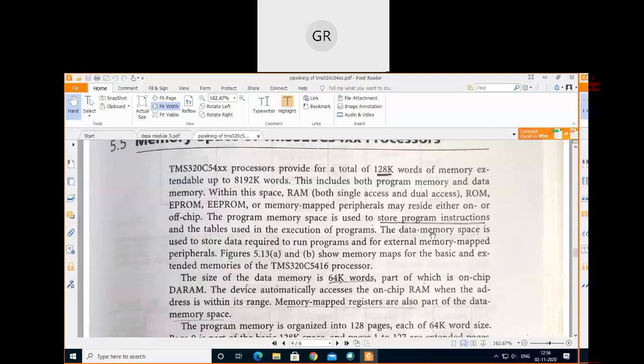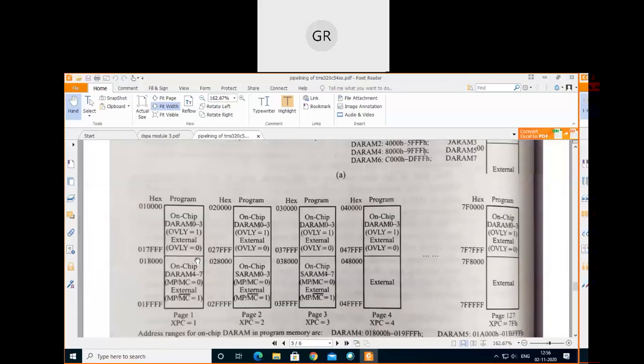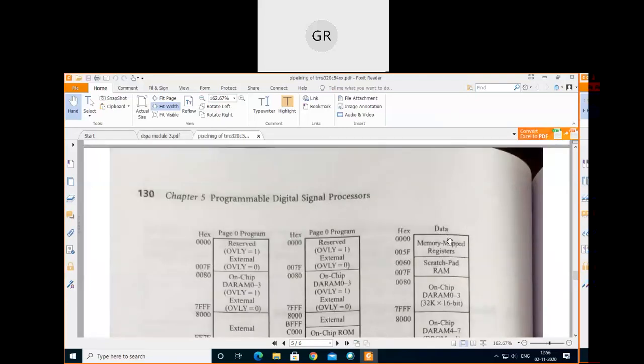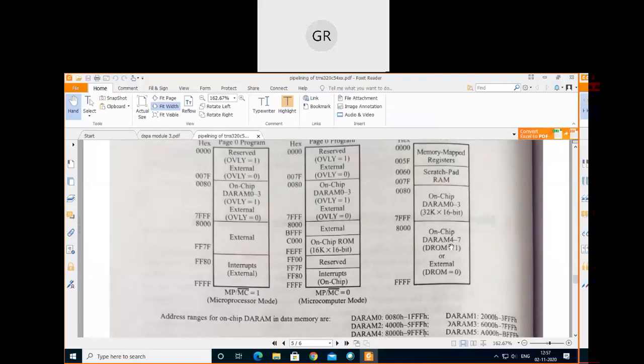The data memory space is used to store data required to run programs and for memory mapped peripherals. This is the data memory. It consists of memory mapped registers, scratchpad RAM, on-chip DARAM, and on-chip DARAM 4.